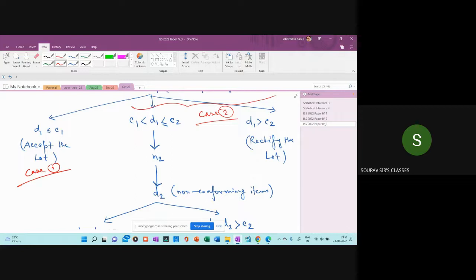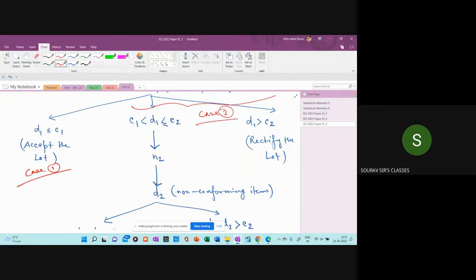Case closed. If not, then we take another random sample of size n2 and define another cutoff c2, which is the maximum allowable number of non-conforming items out of the combined random sample of size n1 plus n2.